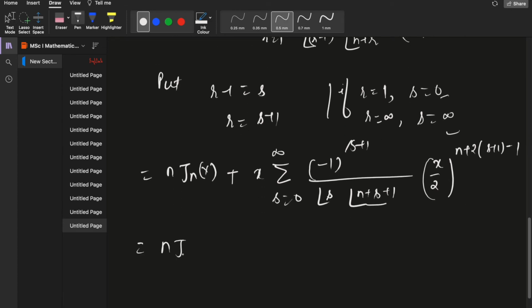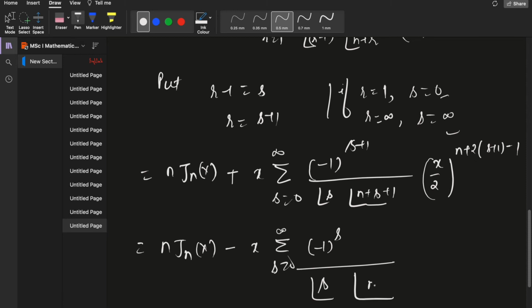So you can write it as n Jn(x) plus, okay, if I take minus 1 outside of this summation, the quantity becomes summation s tends to 0 to infinity, minus 1 to the power s upon factorial s. I can write this as factorial n plus 1 plus s, and I can write this as x upon 2 to the power n plus 1 plus 2s.